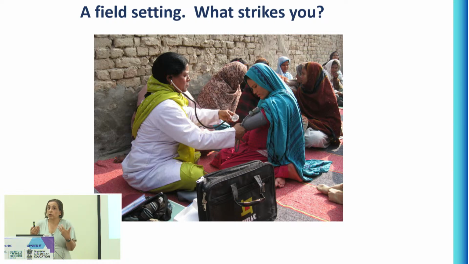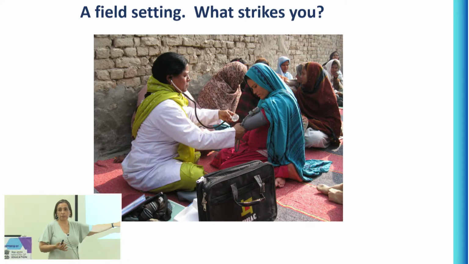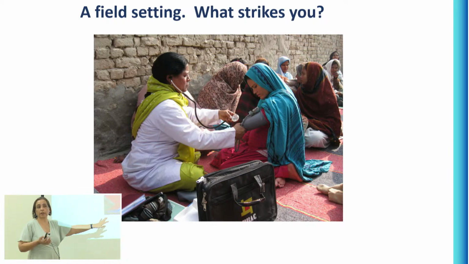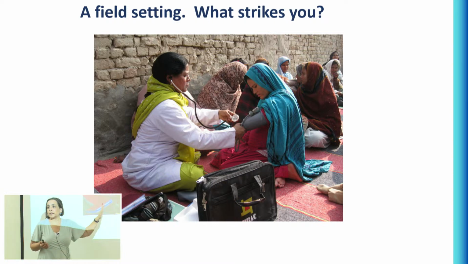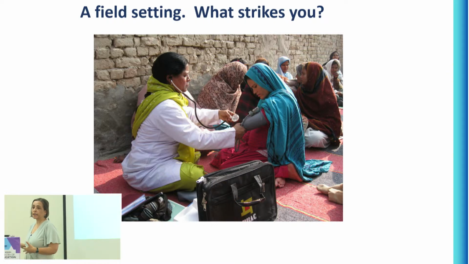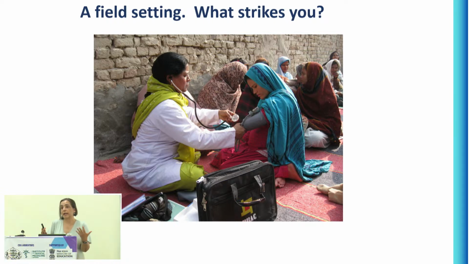Observation is where you start to bring in your interpretation of the situation. If you now put on an interpretive lens, you would say there's some kind of medical equipment. Blood pressure is being measured. It's a predominantly female society, or a society where women's health is being treated separately, etc. All kinds of things you could start to interpret.